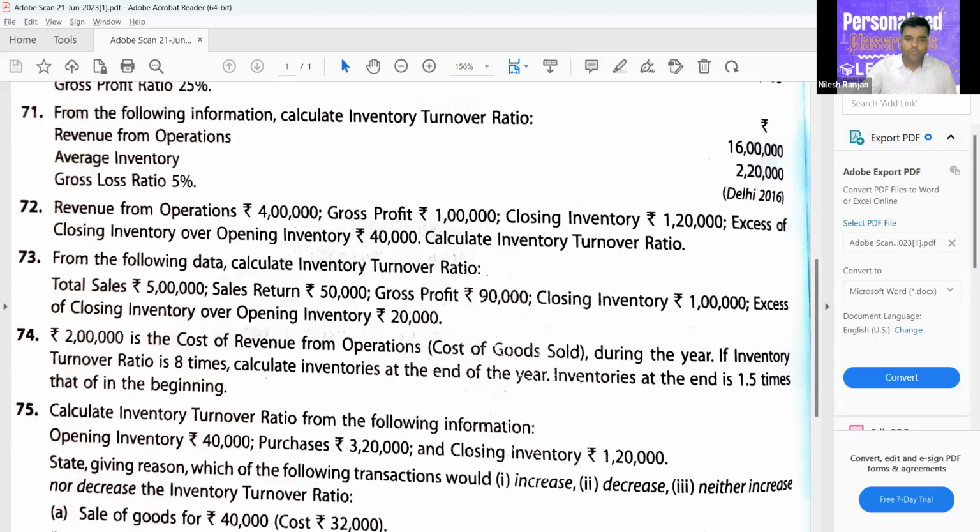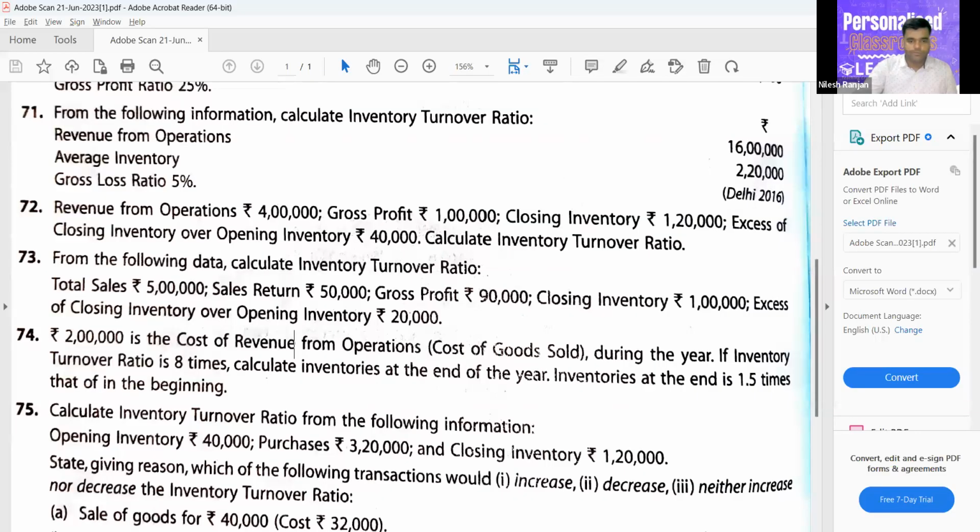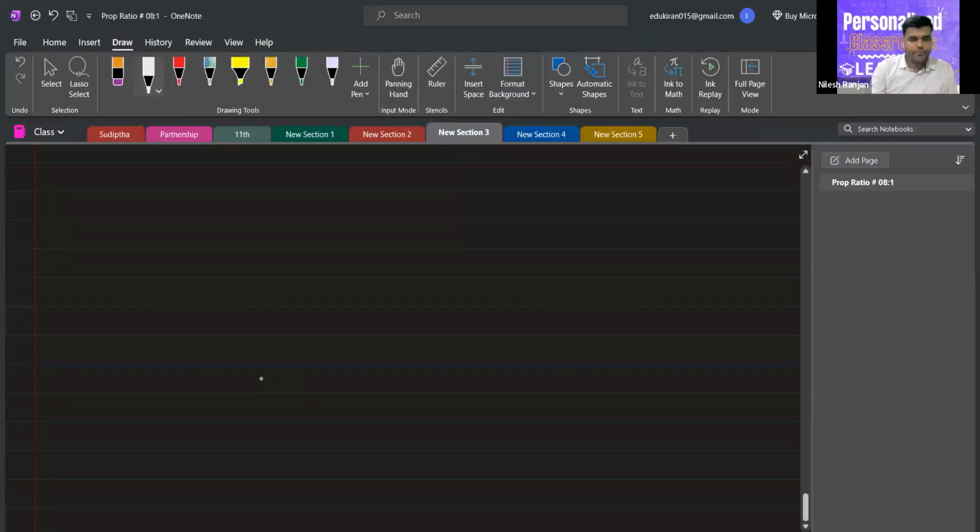In this type of question, what we have to do, it is question number 74. Solution. Now, the first thing is the cost of goods sold we have been given.